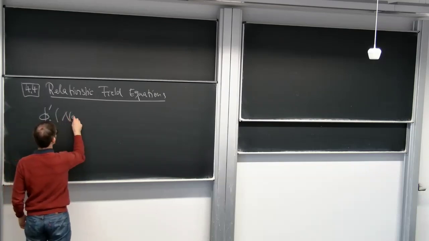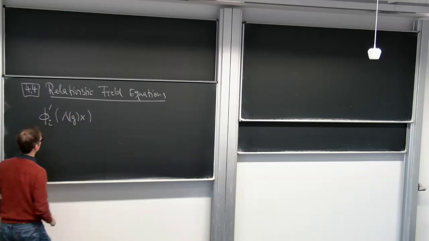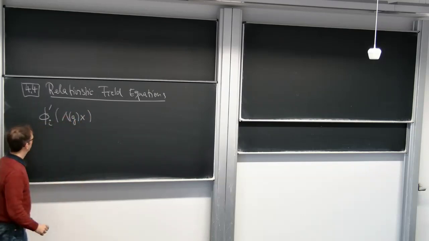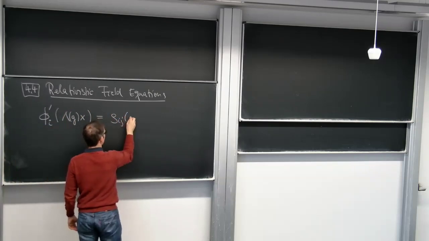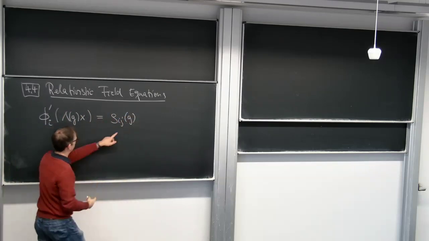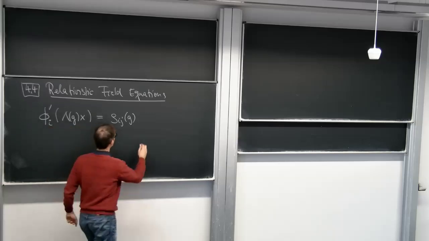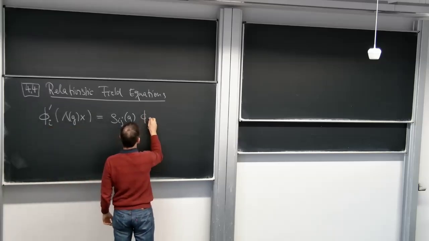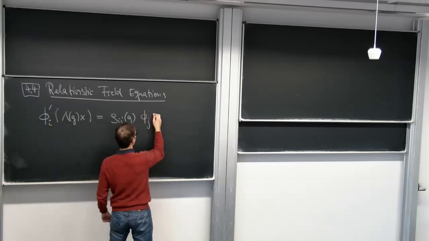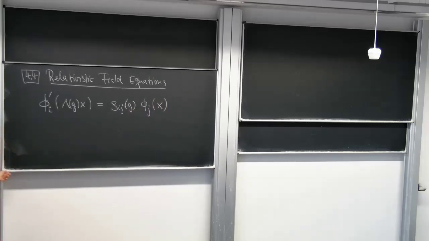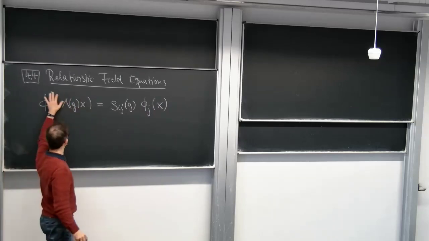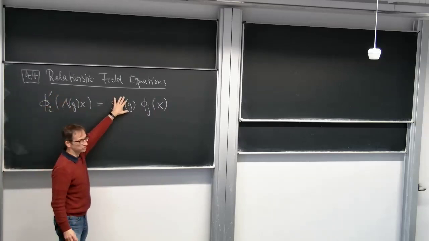It's been transformed our location, so that the phi_i'(x') is equal to some representation, you take that element that represents this coordinate change, times phi_j, here's the sum over j, and then x. So this is what we figured out. This is what we wanted. The collection of indices forms a representation.